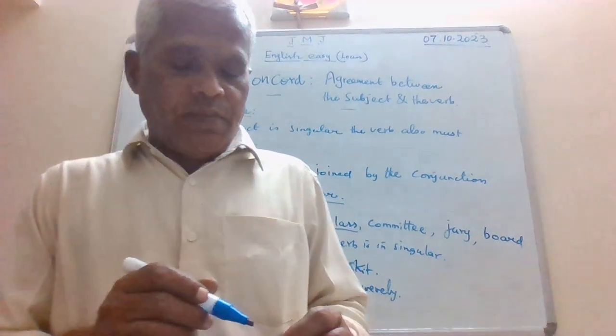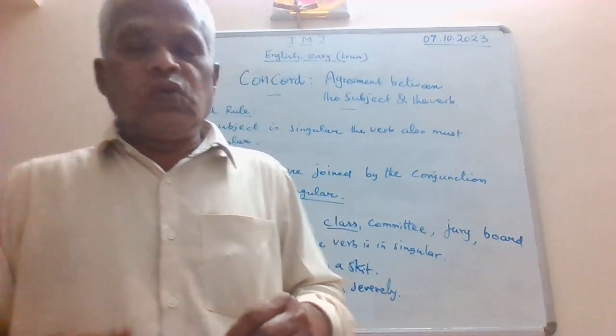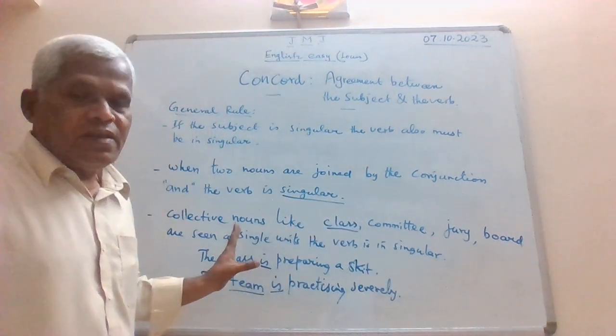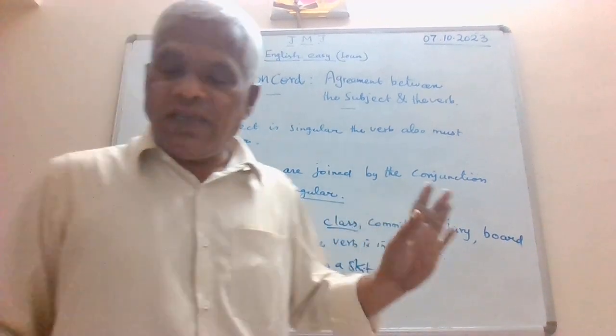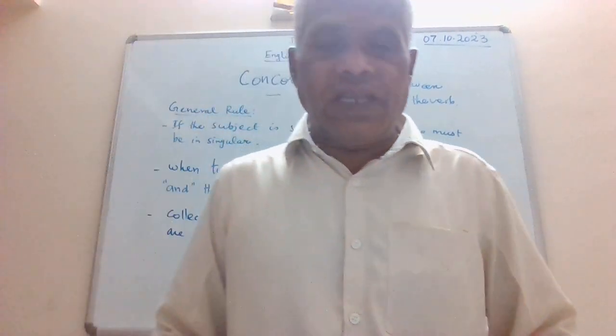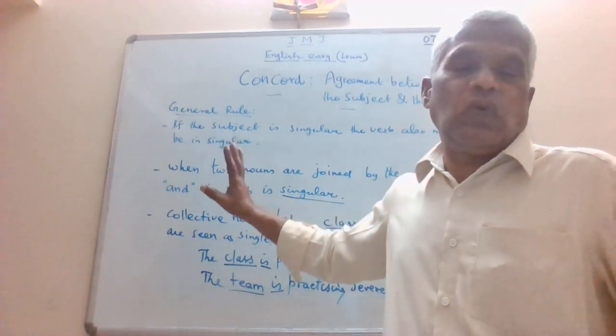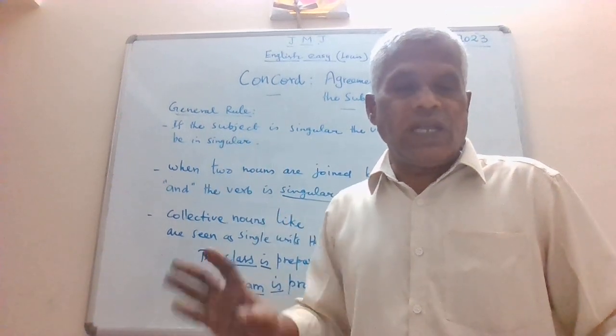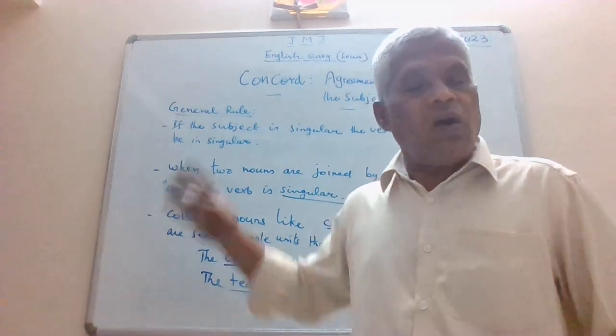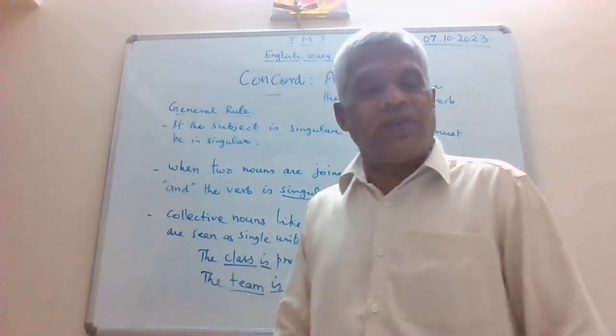So these are the 3 rules that we have seen today. So let us be very concise and concrete in our understanding of these rules. There are 3 or 4 more to come. So let me discuss all those other rules in another video.